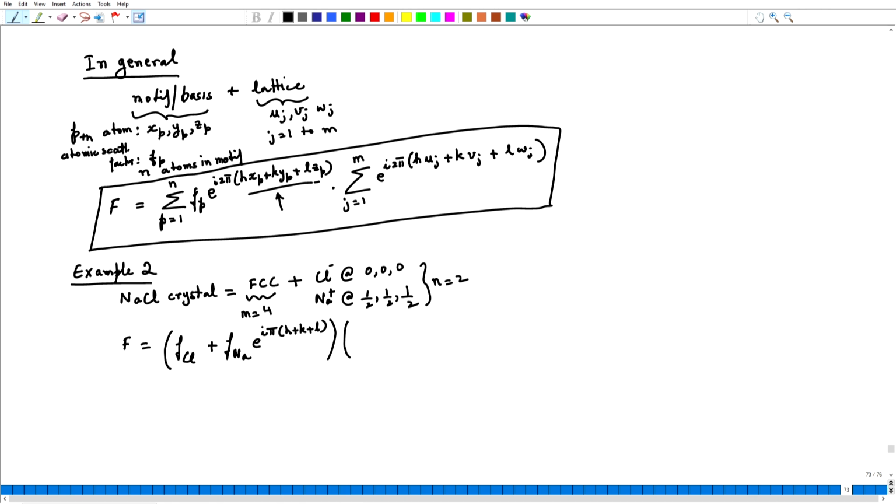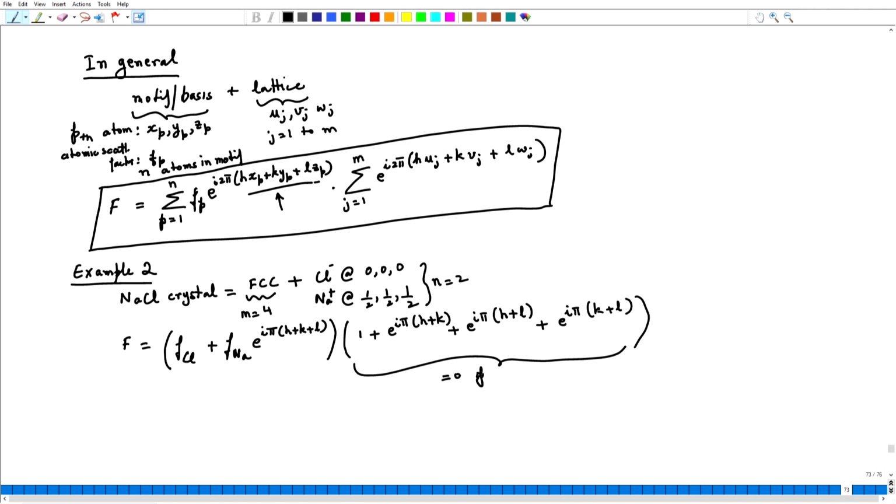It is the face centered unit cell coordinates, and that would simply give me 1 plus e to power i pi (h plus k) plus e to power i pi (h plus l) plus e to power i pi (k plus l). Now, this I already know becomes 0 for hkl mixed, and is equal to 4 for hkl unmixed.